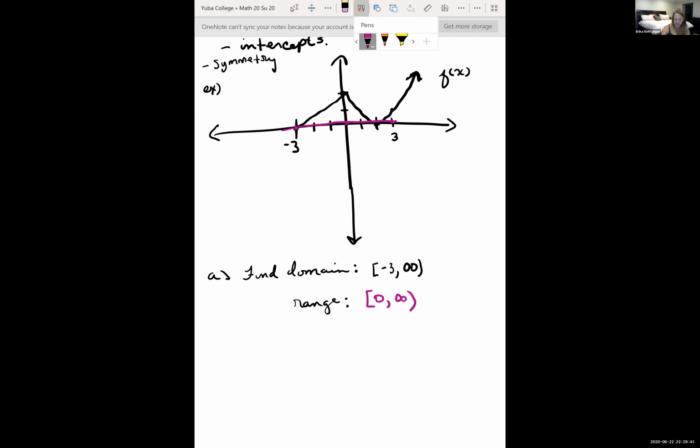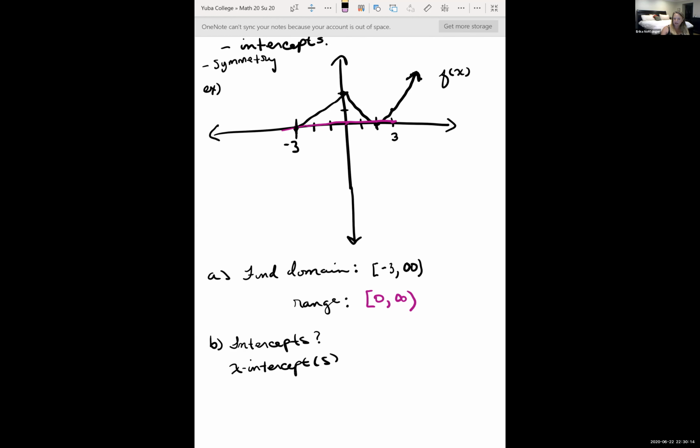So part B, where are the intercepts? So look at where it is crossing or touching the x-axis. So the x-intercepts, well, notice there are actually 2 places.